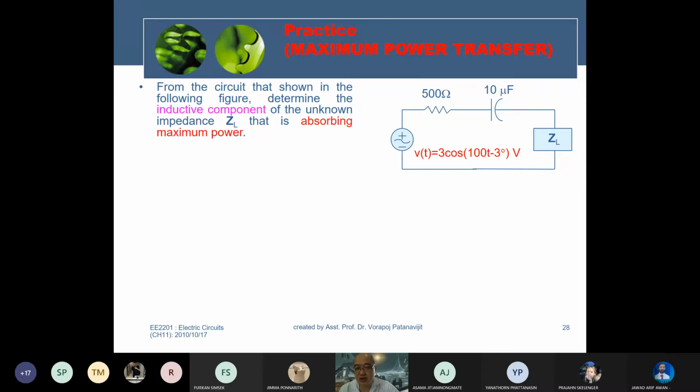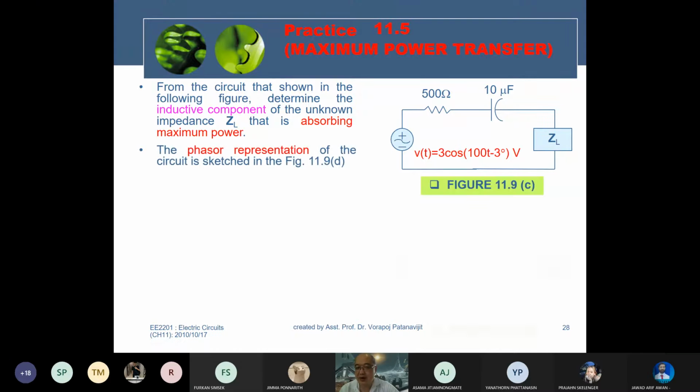From the circuit shown in the following figure, determine the inductive component of the unknown impedance ZL that absorbs the maximum power. In this case, the circuit structure is already very simple. The key is you must convert the sinusoidal voltage source into phasor form, and you must convert the resistance and the capacitance into impedance form.